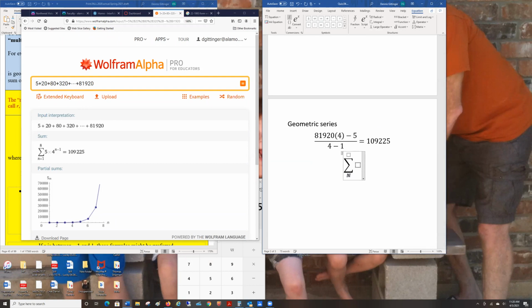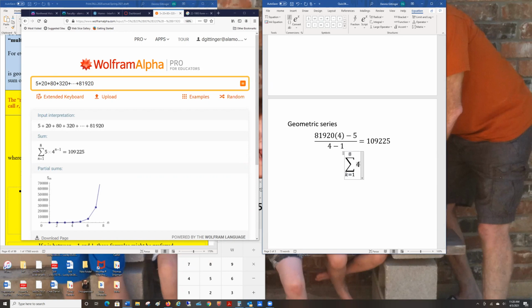Now they used n. I'm going to use k because I like k. That's my sister-in-law's name. She's in uppercase. This is lowercase, but upper or lower doesn't matter. From k equals 1 to 8 of 4 to the n minus 1.